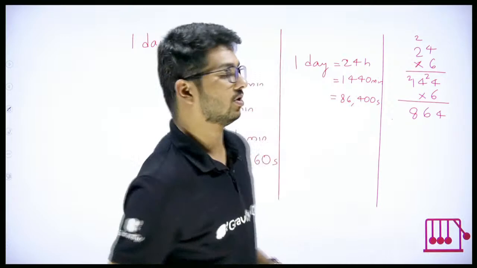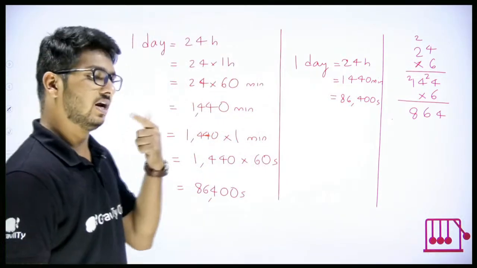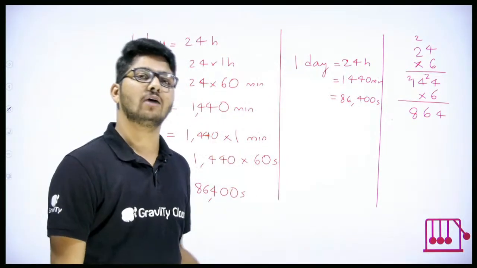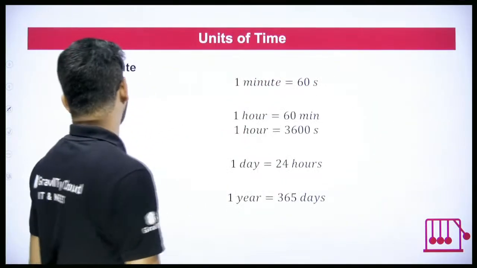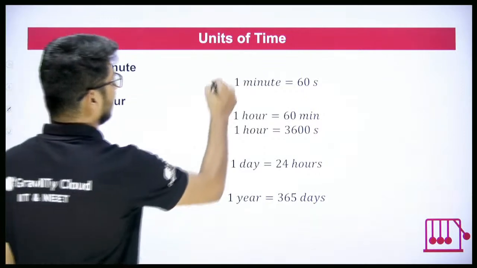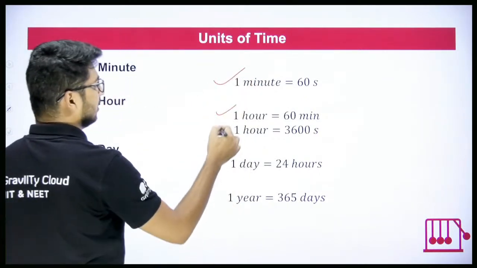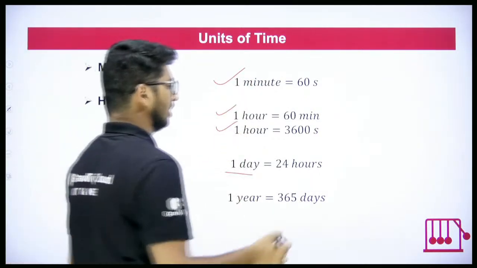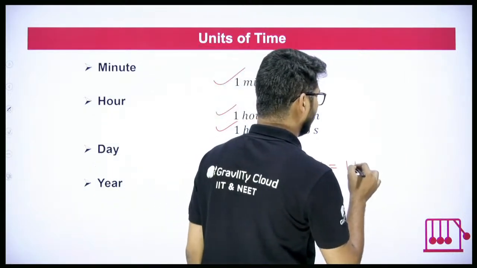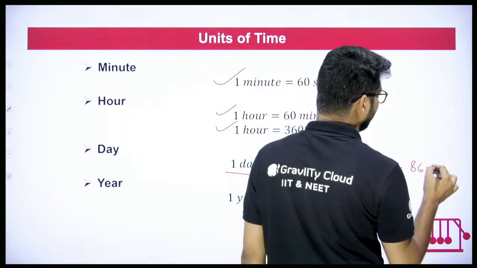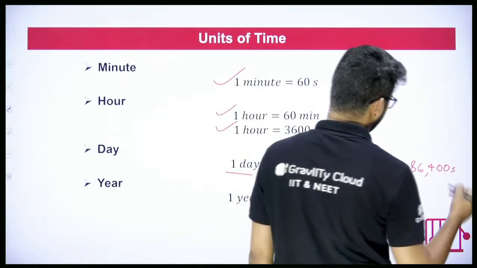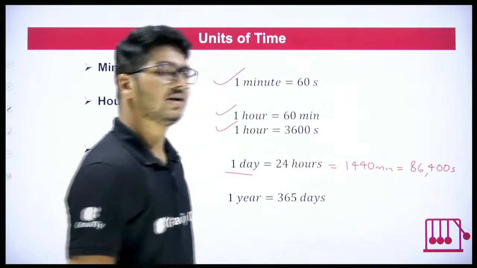Okay, wonderful. So we learned about 1 second, 1 minute, 1 hour, 1 day. You can clearly see here minute, done, hour, done, 1 day, 24 hours, 1440 minutes, or 86,400 seconds.